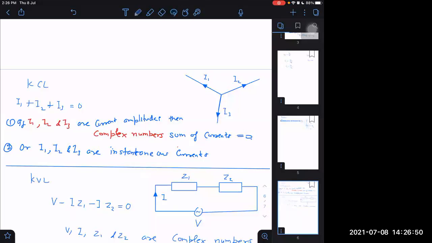Then it is not a complex number sum, but just the usual scalar sum of instantaneous values of currents equals 0. Understand the difference?